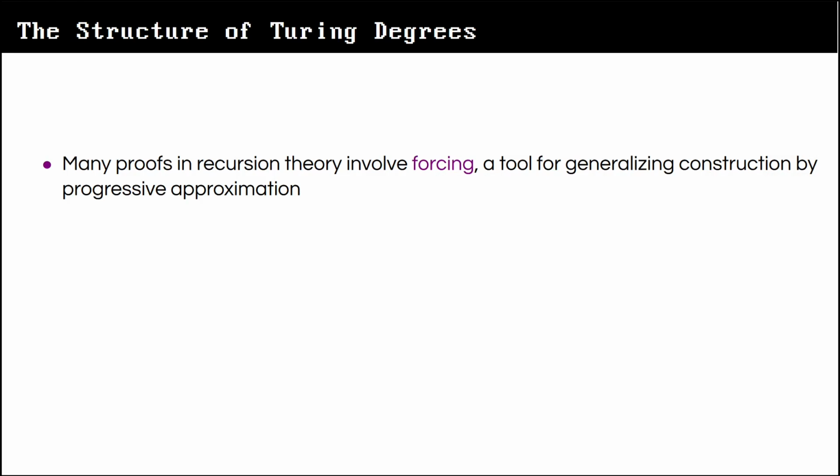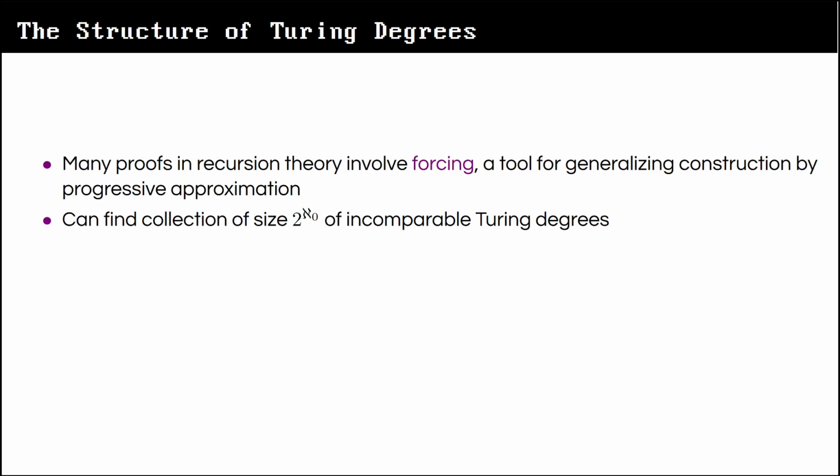They're a very complicated partial ordering. But some properties that might help get you a better sense of what this partial ordering looks like include: you can actually find a continuum-sized collection of pairwise incomparable Turing degrees. So our diagram for the Turing degrees is actually very wide.